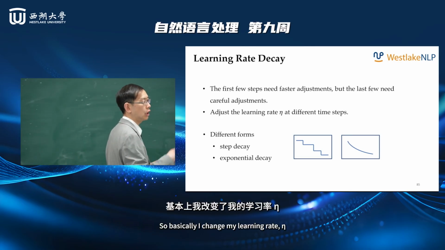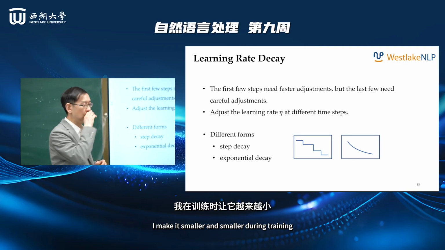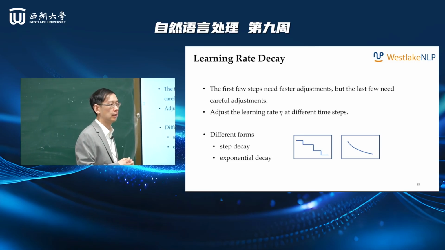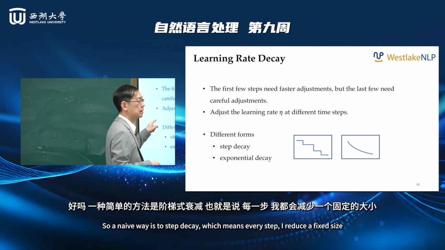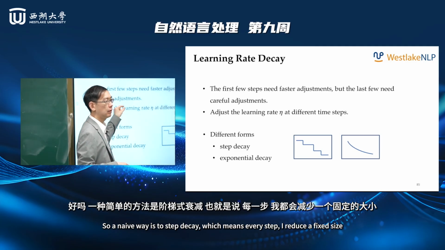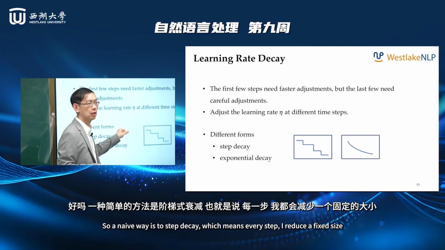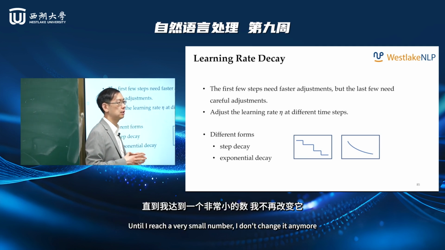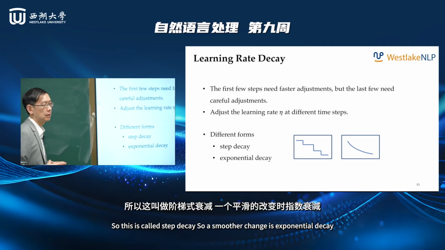So basically, I change my learning rate eta, I make it smaller and smaller during training. So a naive way is step decay, which means every step I reduce a fixed size, until I reach a very small number, I don't change it anymore. So this is called step decay.